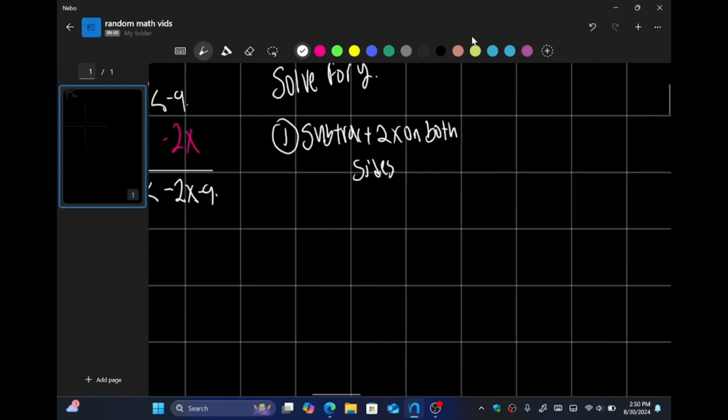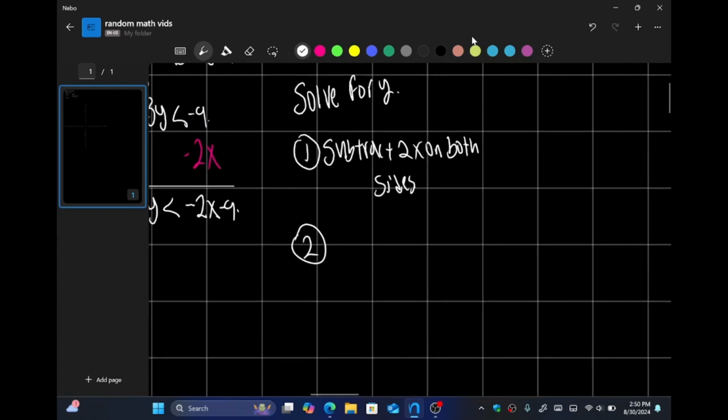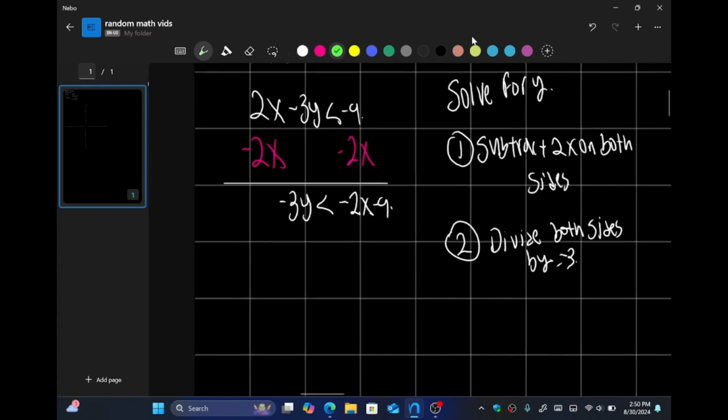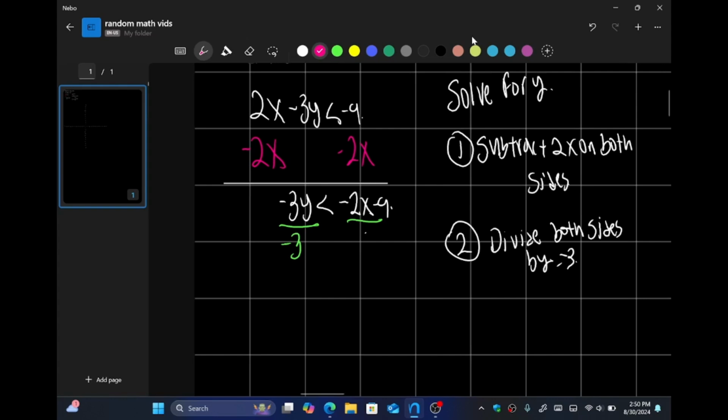And then number two, we're going to divide both sides by negative 3. And the thing is, guys, when you divide by a negative number, the inequality symbol flips over.